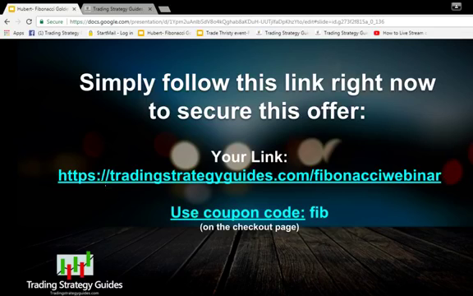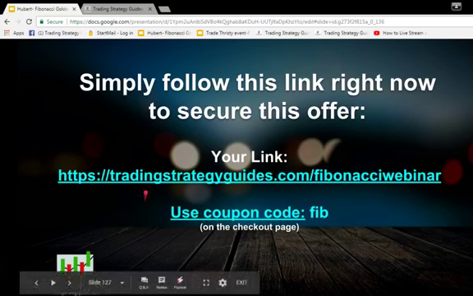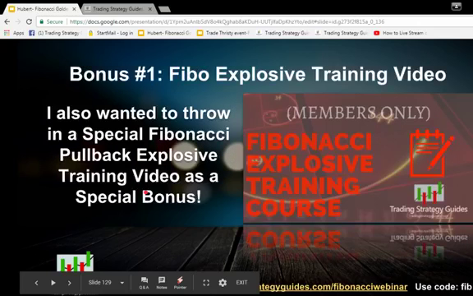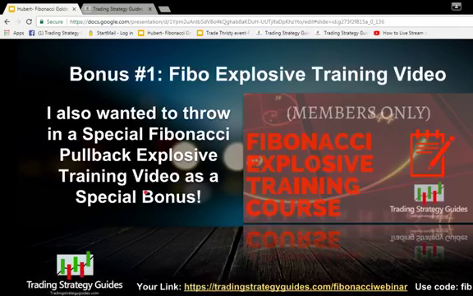And that's actually the final thing that I wanted to show you: if you buy the indicator, you don't just get the indicator, you actually get access to the advanced course as well, which is basically the Fibonacci Explosive Training course, which, like I said, I'll be talking in much more detail about, the system that I use. There are a lot more steps of verification to sift out more bad setups from good setups.